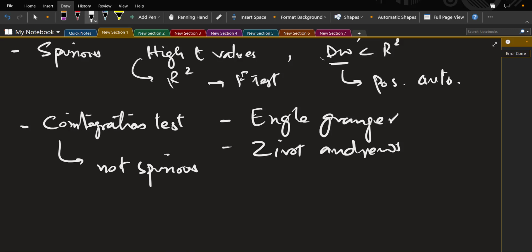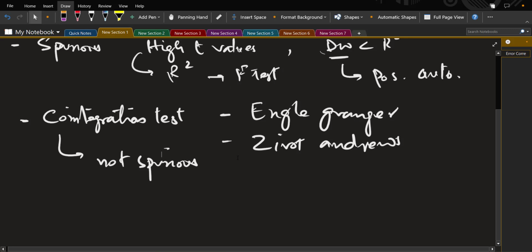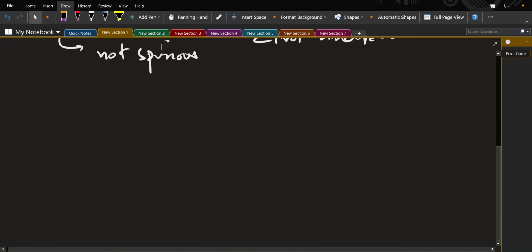Now there is another way to confirm that a regression is non-spurious. That concept is called the convergence hypothesis.